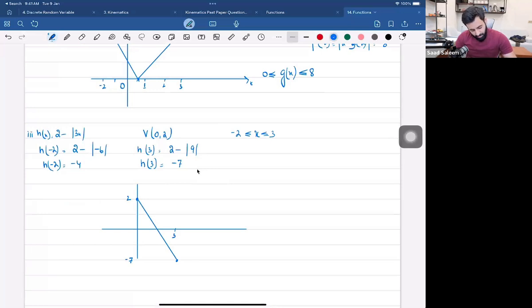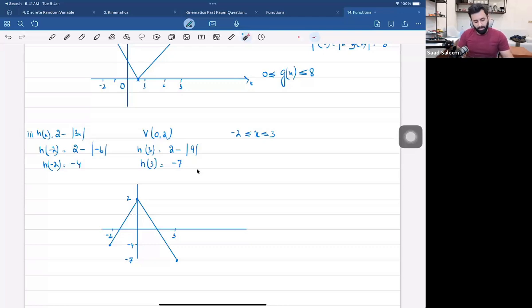Then when you plug in -2, you get -4. So here is the other straight line. So naturally, it turns out to be a maximum shaped curve. Okay, it's not like it may be a minimum natured graph and you might accidentally make it maximum. If you've gotten the points right, it will automatically turn out to be the correct natured graph.